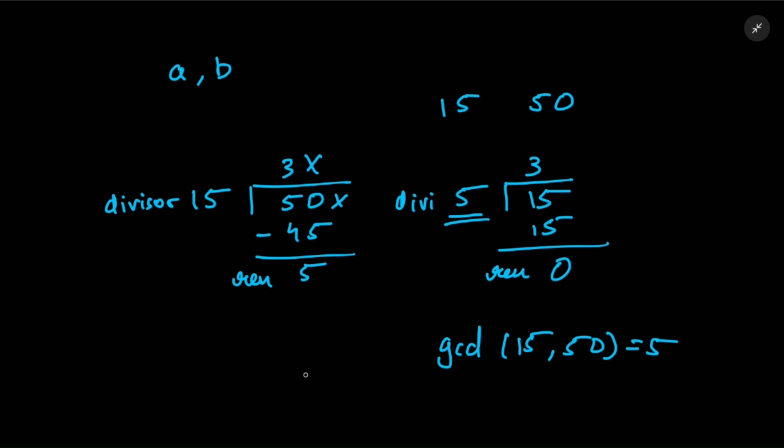So greater than 5 would be 6, 7, 8, 9, 10, 11, 12, 13, 14 and 15, and they all don't divide both of them. So our answer would be 5. And we can write a recursive function for this problem, which I will show you in the code. So let's move on to that part and I will explain the insertion of node in the code itself because it's really easy.